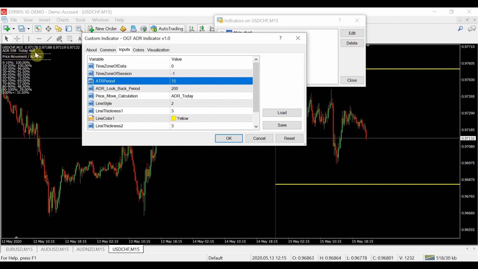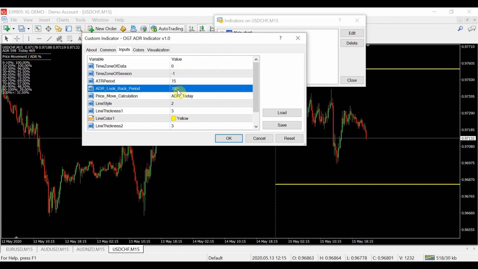What this section over here is saying is that in today's trading session, and this will change live as the markets evolve throughout the day, today it's moved 47 pips. What these settings are telling you is that it has looked back at the last 200 days to see how much the pair has moved relative to the ADR, which is 60 pips.